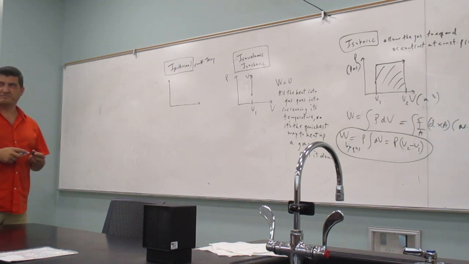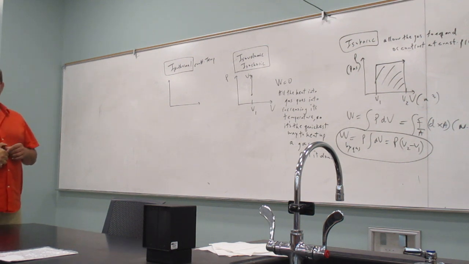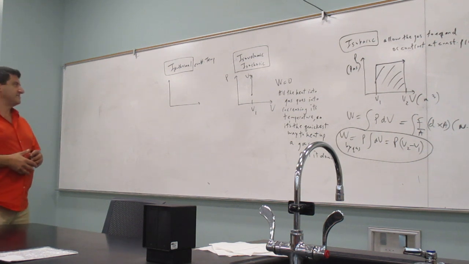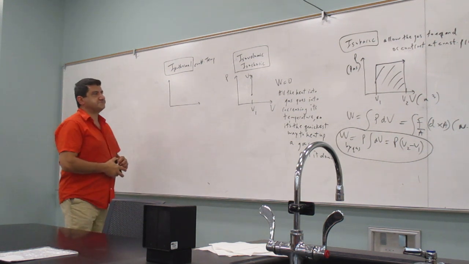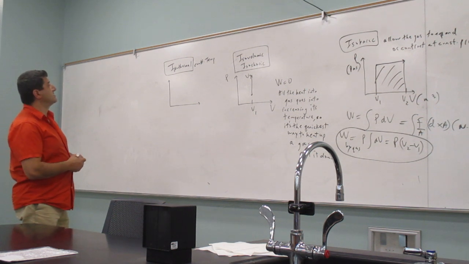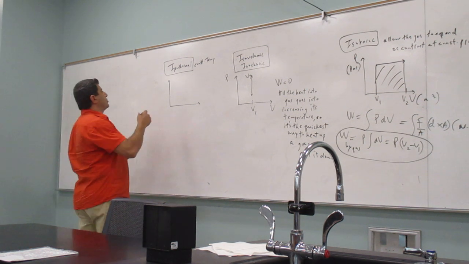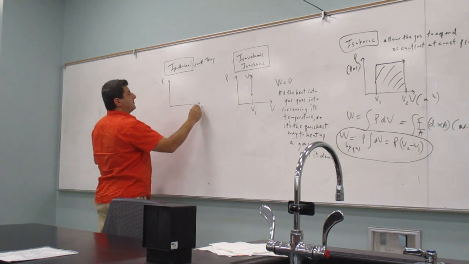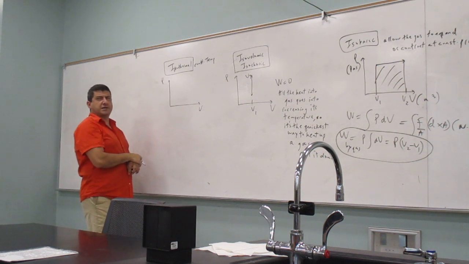No? Chem 101? A little bit. Not so in depth. But you mentioned isothermal? Okay, so isothermal, constant temperature. So what does the PV diagram look like?